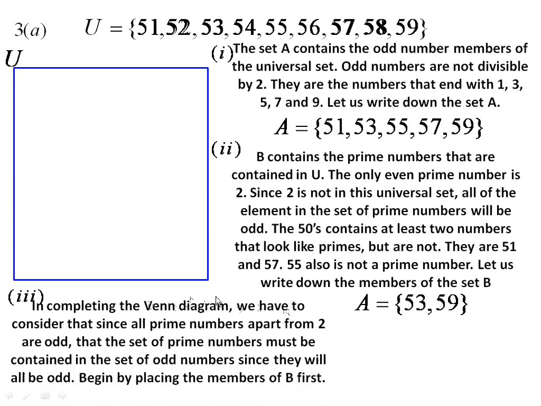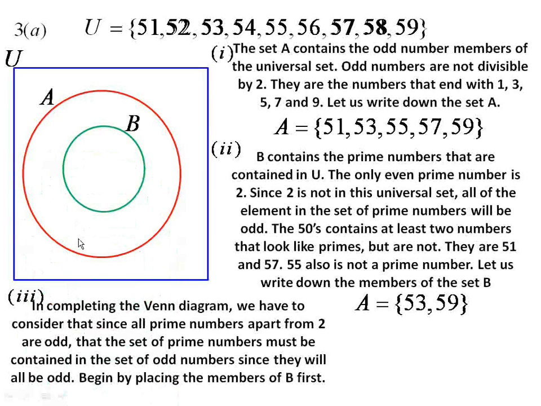In completing the Venn diagram, we have to consider that since all prime numbers apart from 2 are odd, the set of prime numbers must be contained in the set of odd numbers, since they will all be odd. Begin by placing the members of B first.